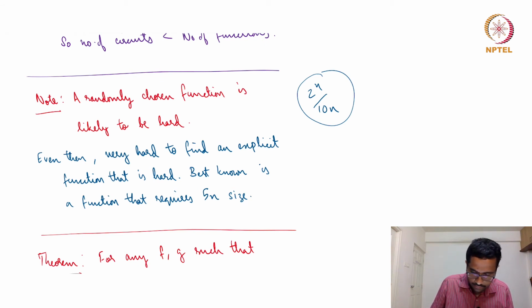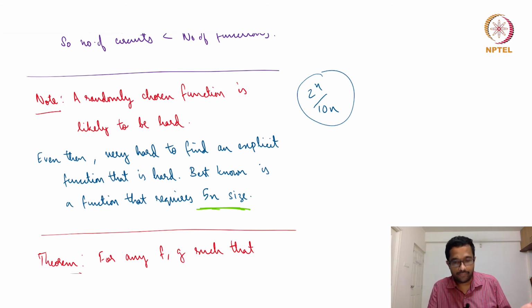In fact, the best known explicit function, let's say if you just allow AND gate, OR gate, and NOT gate of fan-in 2, requires size roughly 5n. So that is just 5 times n. So forget exponential size. We don't even know quadratic size. We don't even know linear beyond 5n. Let's say 10n.